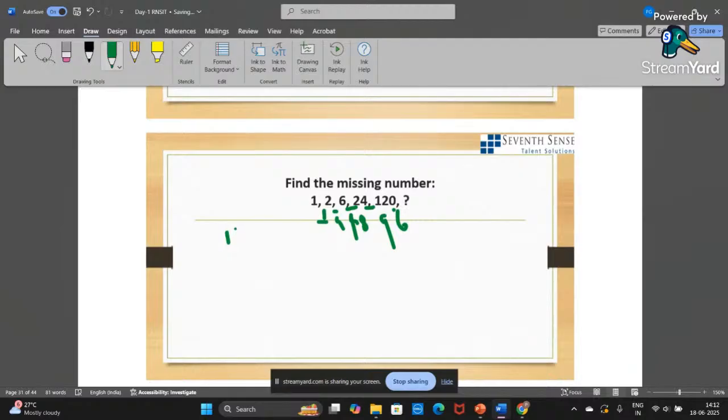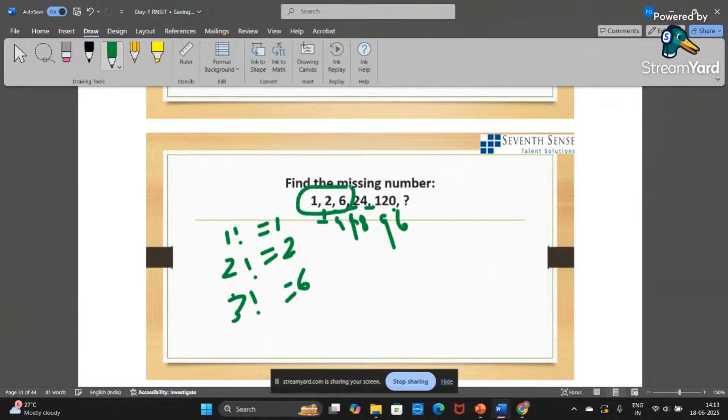Let's try with the factorial method. 1 factorial is 1. 2 factorial is how much? We just need to check in every possible way. So I'm checking with the factorial method. 2 factorial means 2 into 1, it is 2. 3 factorial means 3 into 2 into 1, so it is 6. Okay, we got it for 3 numbers.